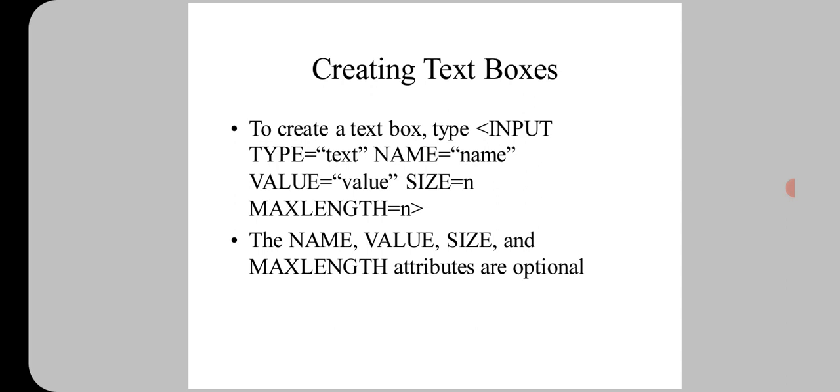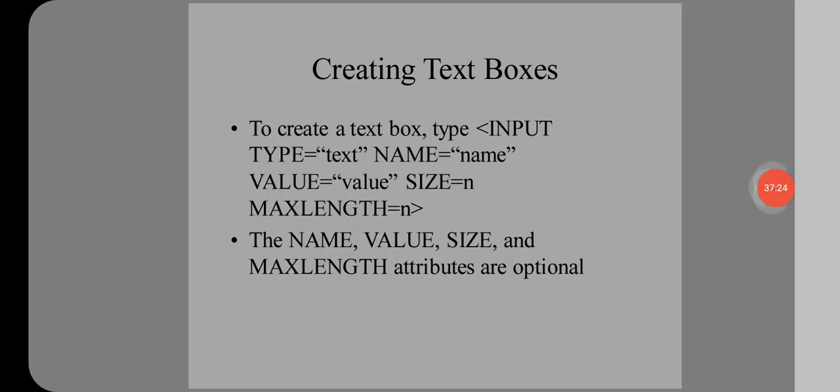The size equals n, where n is the number of positions, or the size of the field. Maxlength equals n means the maximum length of the control. The name, value, size, and maxlength attributes are optional. We may use them or not, depending on the program.